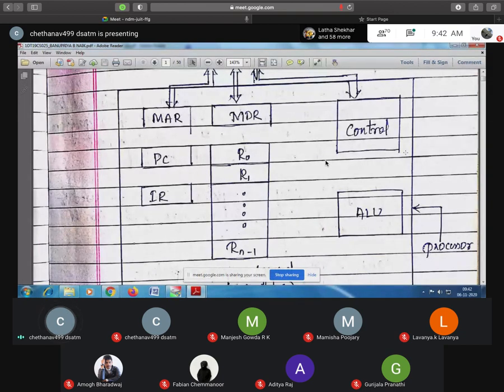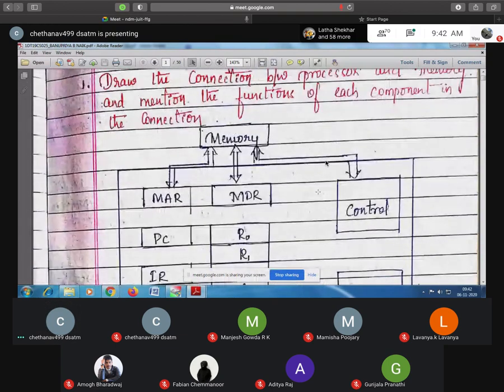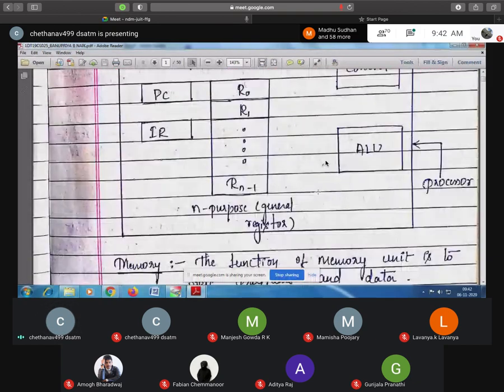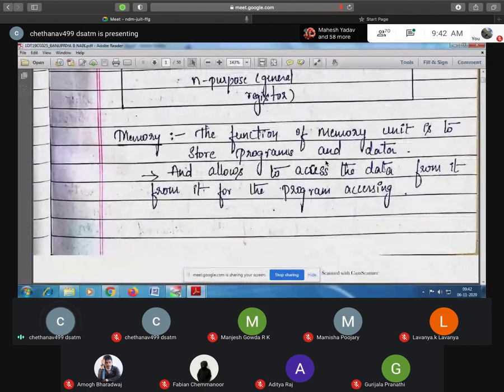You have to explain each and everything in detail, the functions of each component. That's important. You have to explain the diagram. Suppose they have drawn memory something like this.